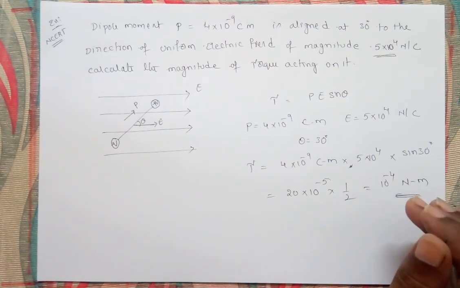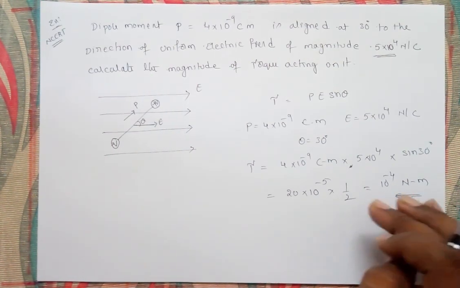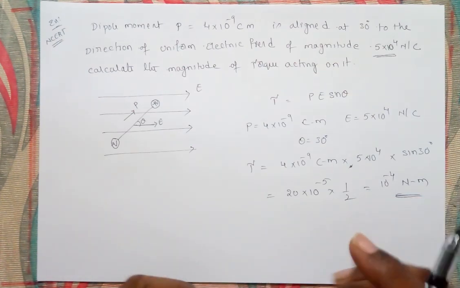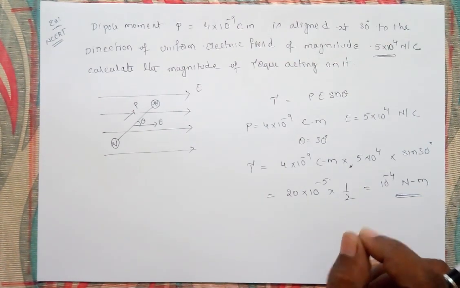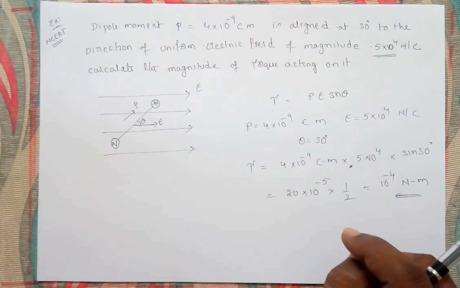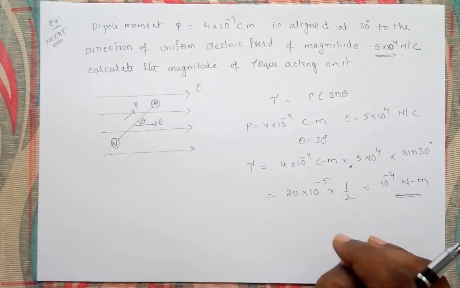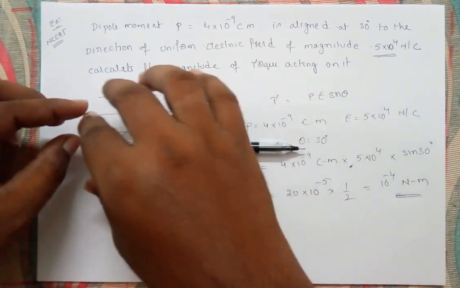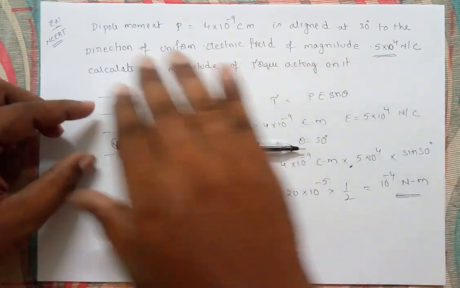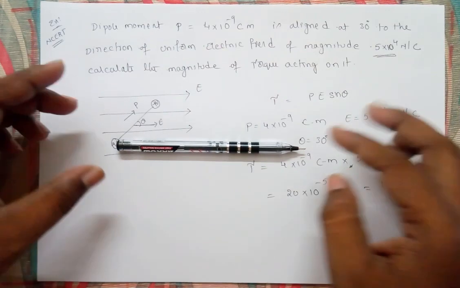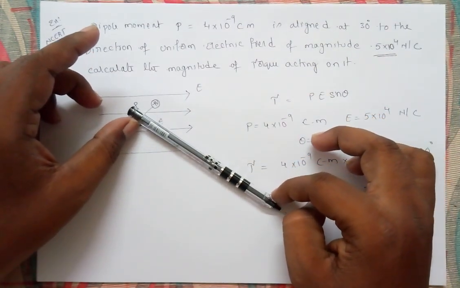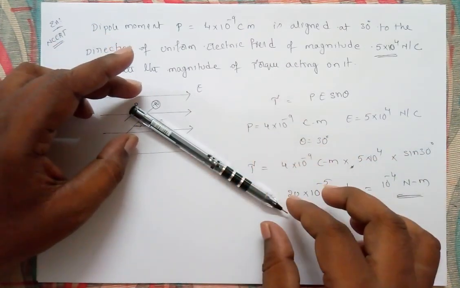Next we have one more case in the dipole. When a dipole is placed in a uniform electric field intensity, it is going to oscillate. When you disturb it from the main position, suppose the dipole is placed like this in an electric field towards the right hand side, and you deflect this electric dipole like this, what happens?